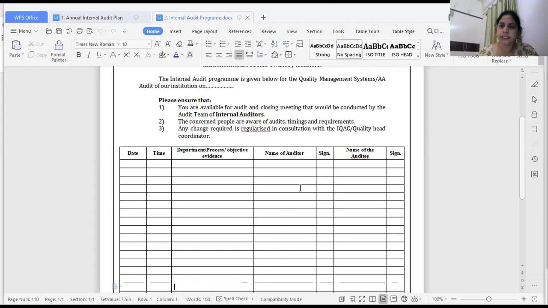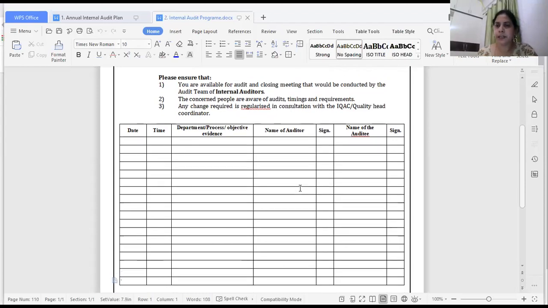Now, this will be clearly given minimum 1 week before your program is set for the audit, through this format, where everybody knows. It's not like suddenly, because you are an auditor, you can go and demand the records. You cannot do that.